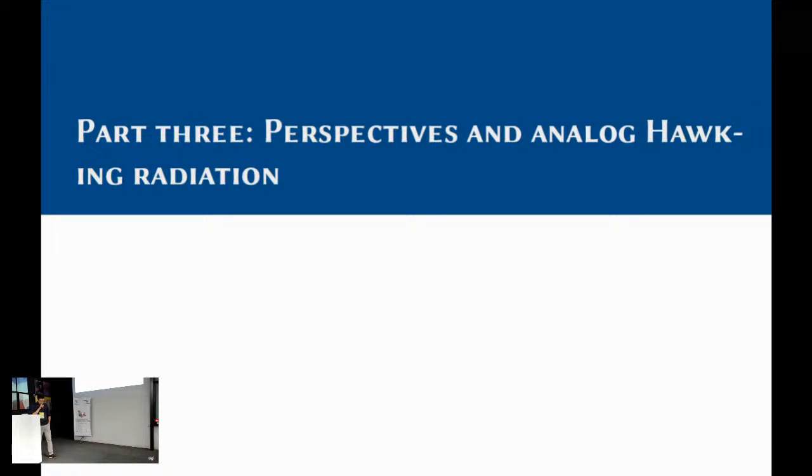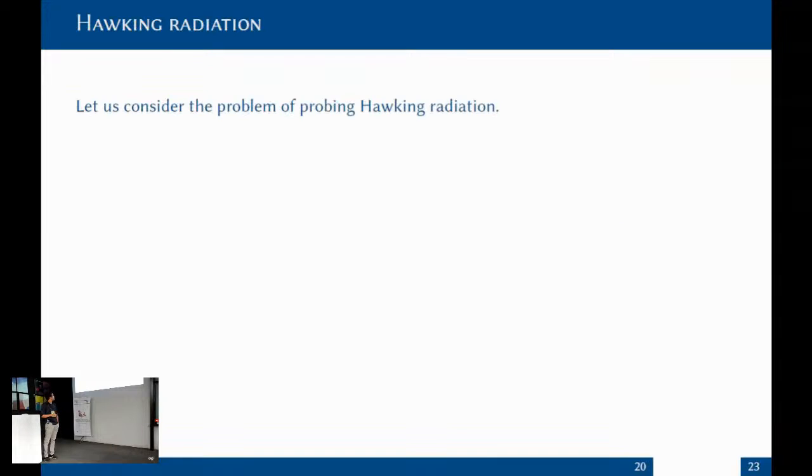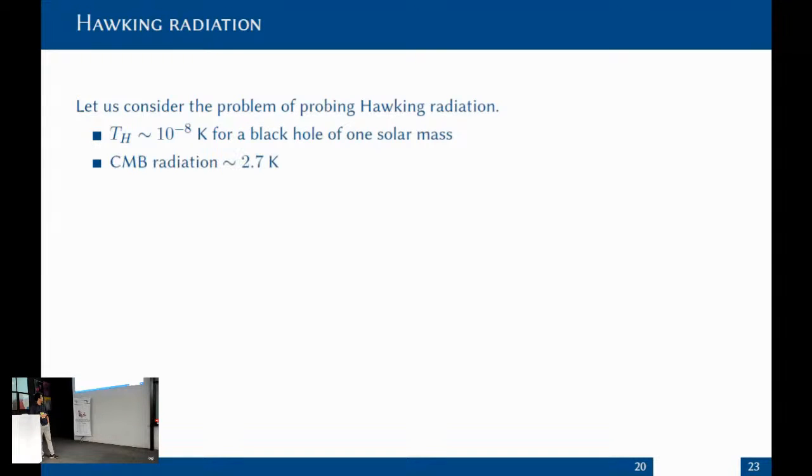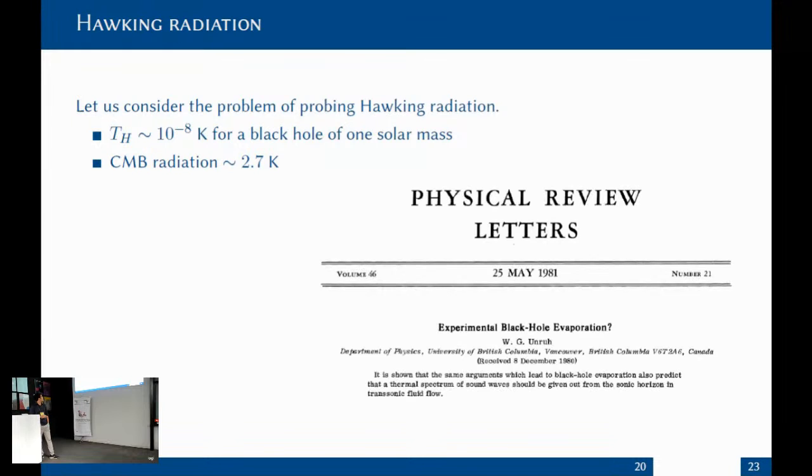And just to finish, some perspective, and our perspective at least is linked to analog Hawking radiation. Okay, we do have to probe Hawking radiation. As Professor Fisher told us, this is very hard, essentially impossible for a real black hole, because we do have the cosmic microwave background radiation, which is almost 3 kelvins, and the Hawking temperature is negligibly small.